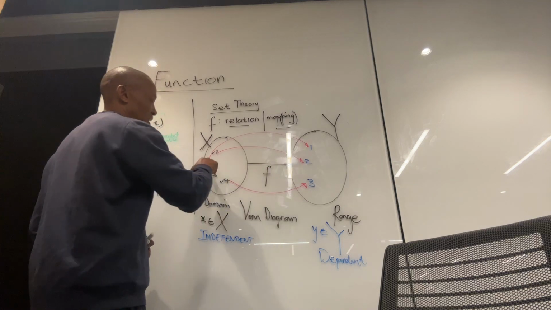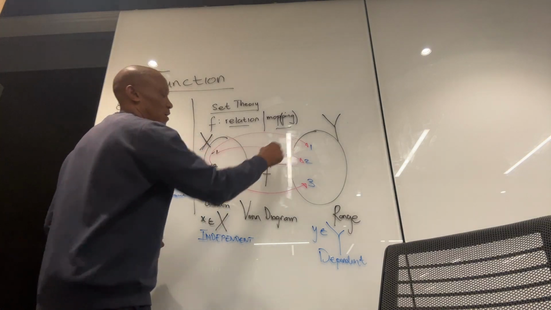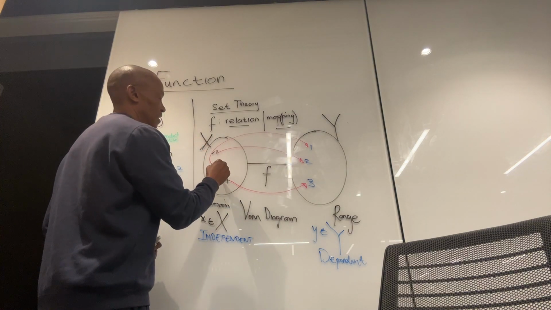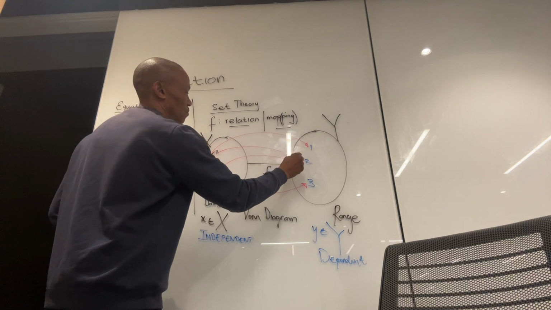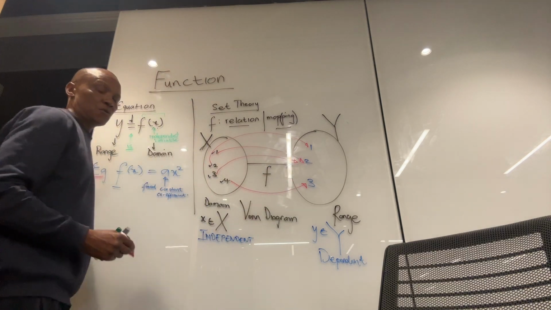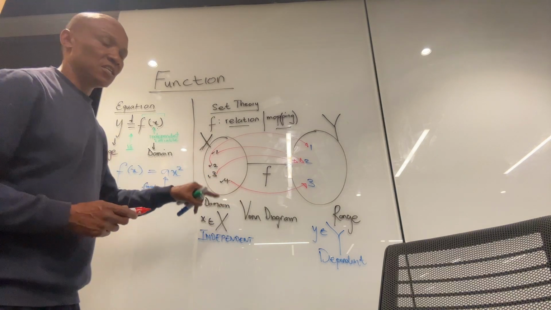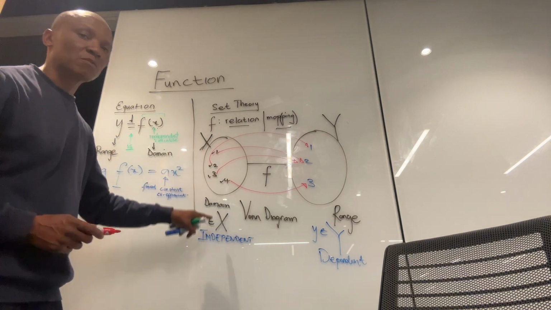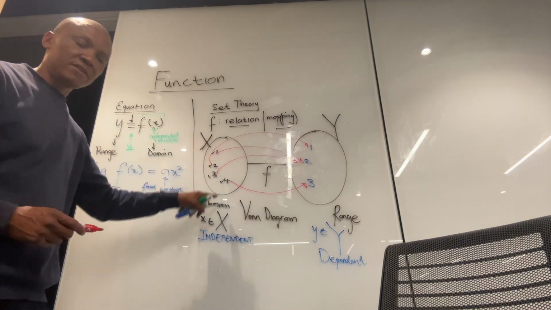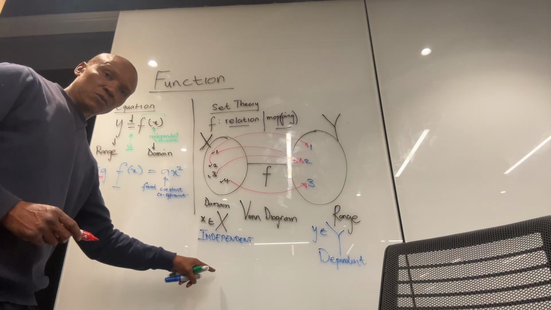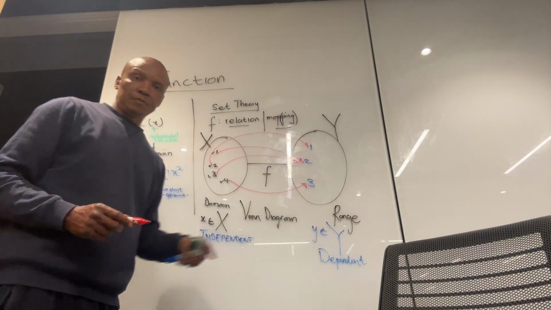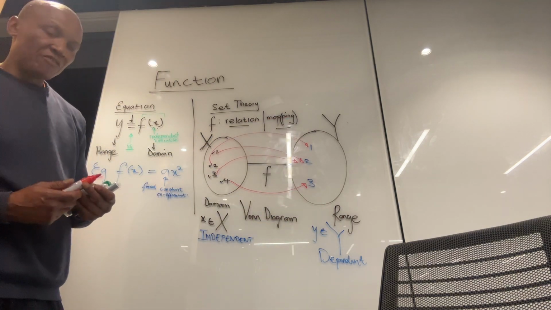F relates 2 to 1. Or F relates 3 to 2, as an example. That's why F is a relation. It relates these numbers from the domain, the independent values, to the values in Y.